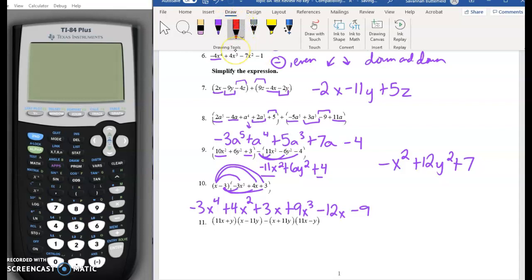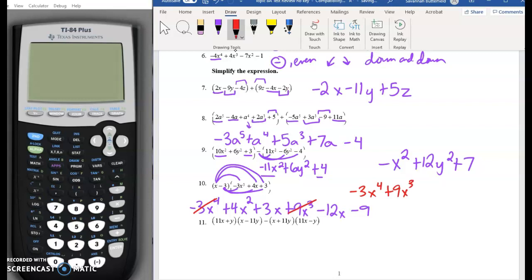We'll write our answer in a separate color. So the largest exponent I have is negative 3x to the fourth, so we'll start with negative 3x to the fourth. My next exponent should be to the third, so I only have a 9x cubed, so plus 9x cubed. Then next will be x squared.